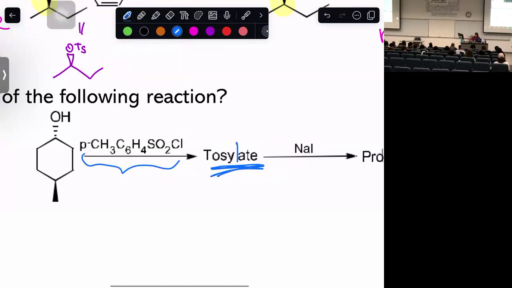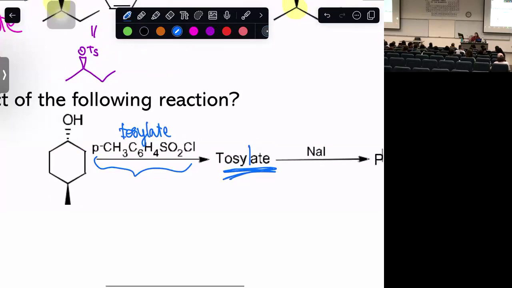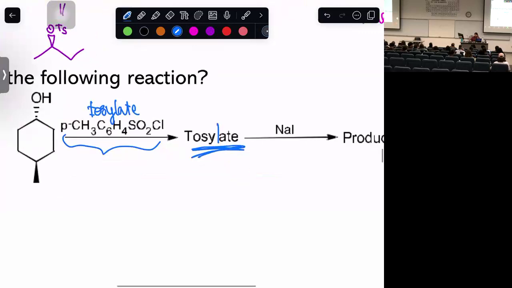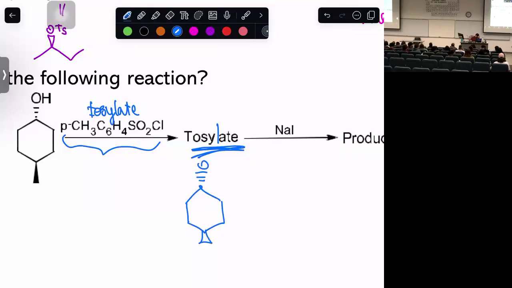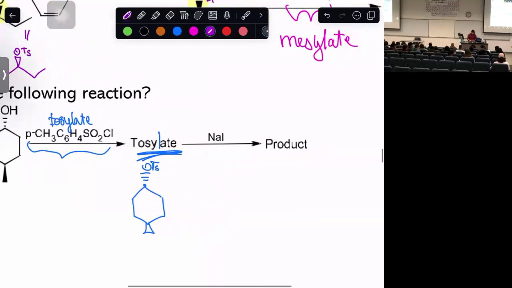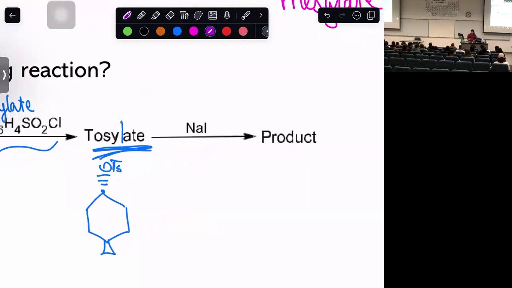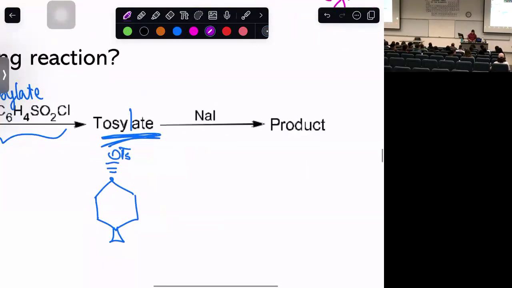So we know that tosylate is my reagent. So what's gonna happen to the molecule? The stereochemistry stays the same, so let me just start drawing out the same exact molecule. And then I have my oxygen with TS now instead of OH. Simple as that. Now this is a multi-step synthesis, so I have OTS and then sodium with iodine.